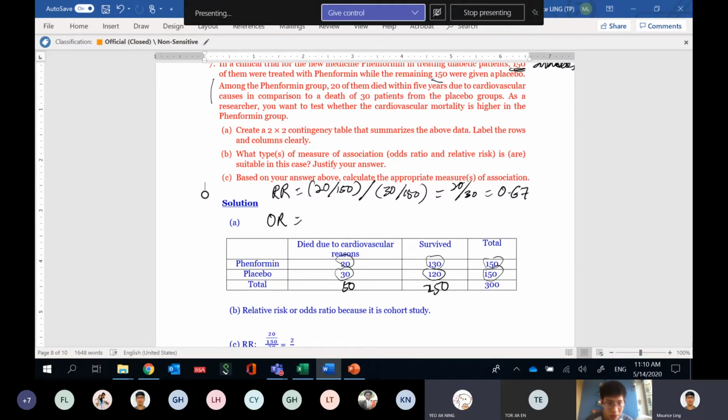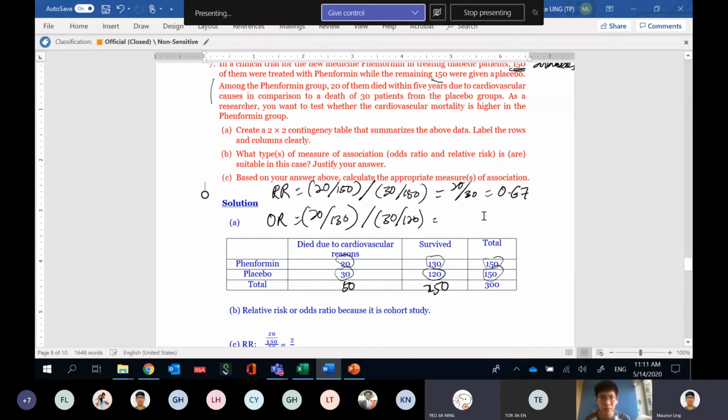Okay, so give me the equation first for odds ratio. What divided by what? Is it 20 divided by 30? No, it cannot be 20 divided by 30. It's 20 divided by 130. Then the next one? Then 30 divided by 120. Correct, 120.